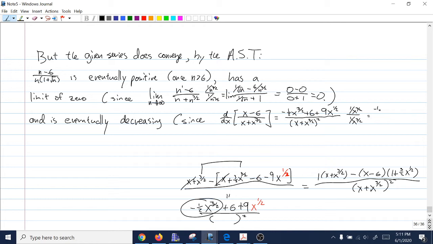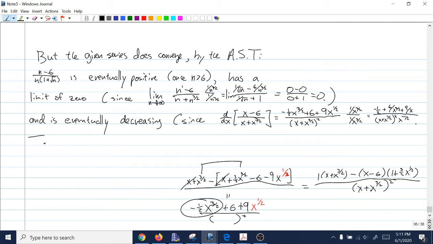Now the top is negative 1 half plus 6 over x to the 3 halves plus 9 over x, over x plus x to the 3 halves squared times x to the negative 1 half.